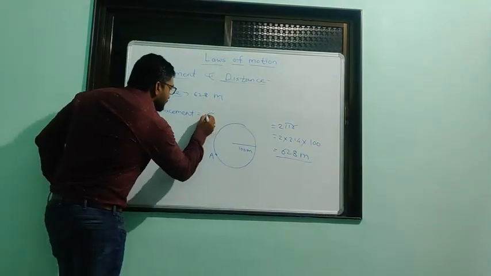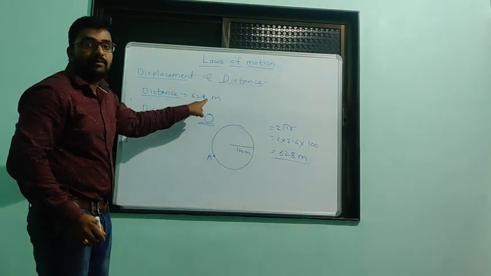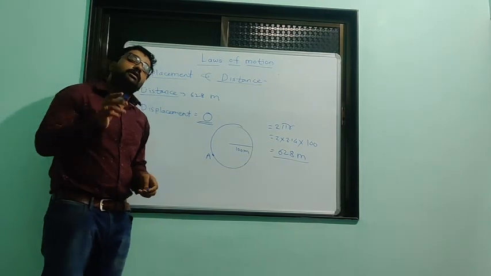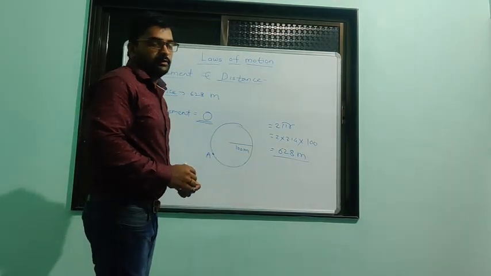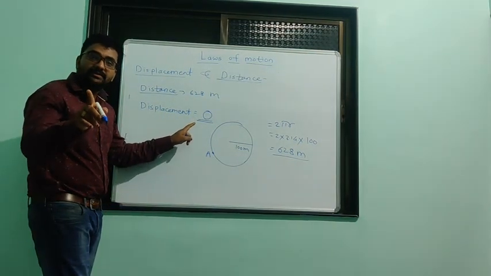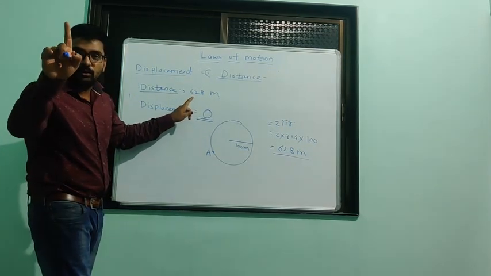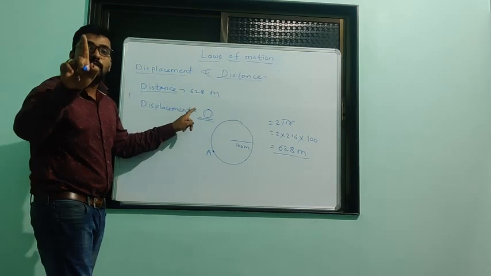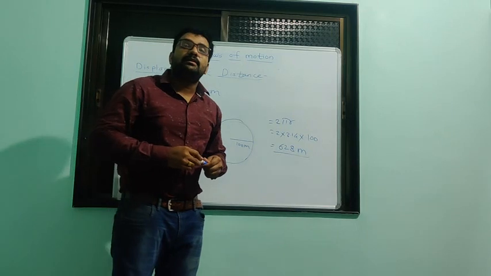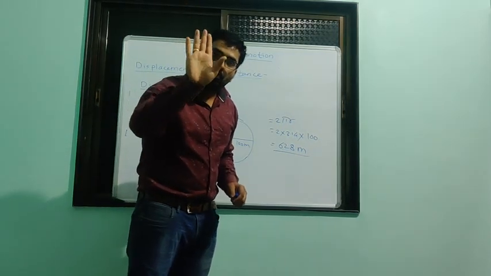That is why our displacement is 0, but the distance is not 0, it is 628 meter. From that, one thing we have to understand: for some motions your displacement may be 0, but your distance is never 0, because distance is the actual path covered and displacement is the minimum distance between 2 points, the initial point and the final point.